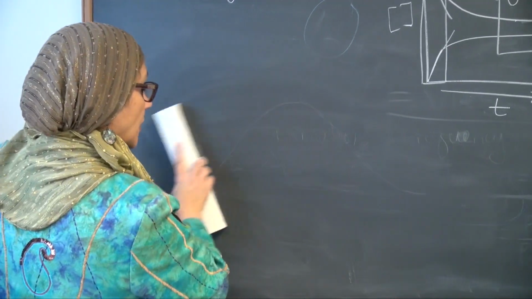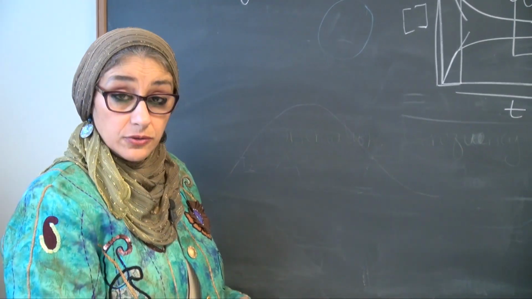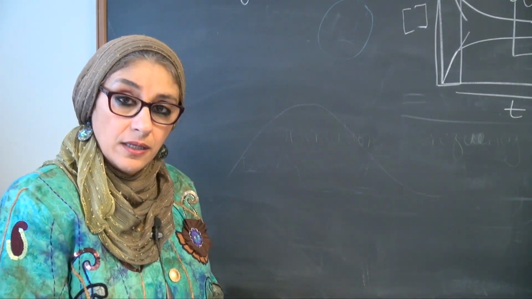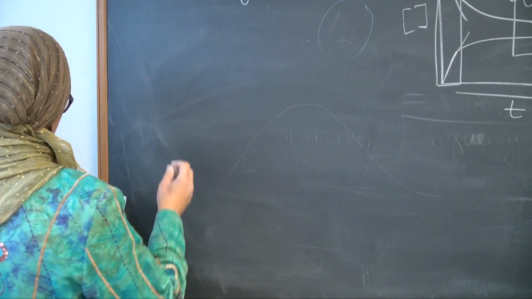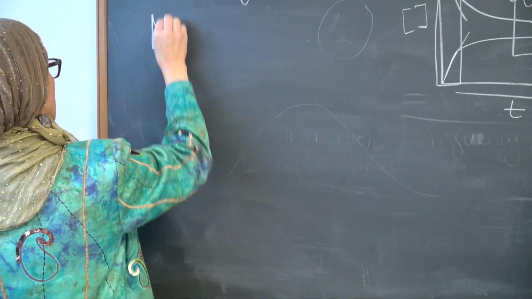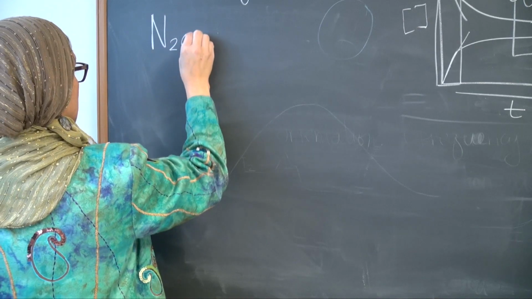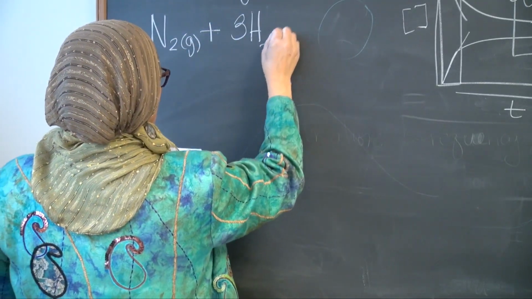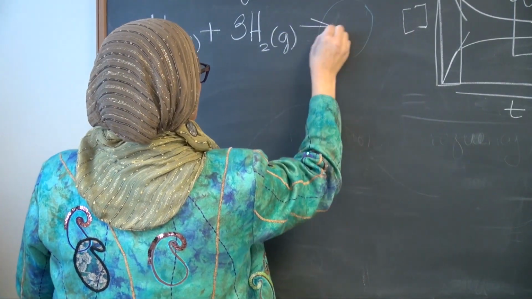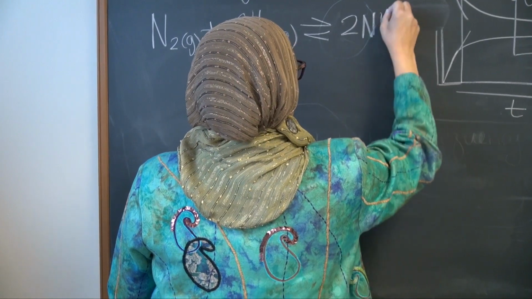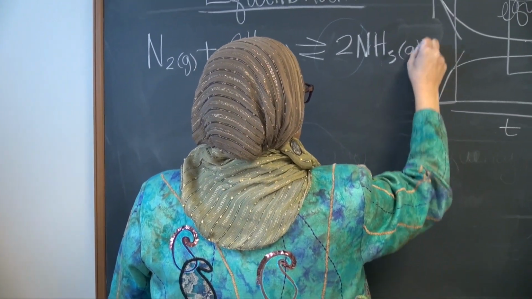I'm going to give you a couple of these and give you an opportunity. You could stop the video and write the expressions, and then we'll come back and see what you get. So for one of them, we have nitrogen gas plus 3 moles of hydrogen gas at equilibrium with 2 moles of ammonia gas.